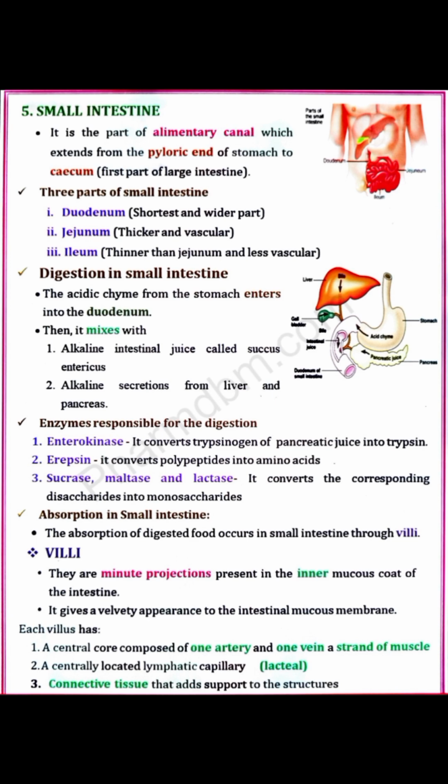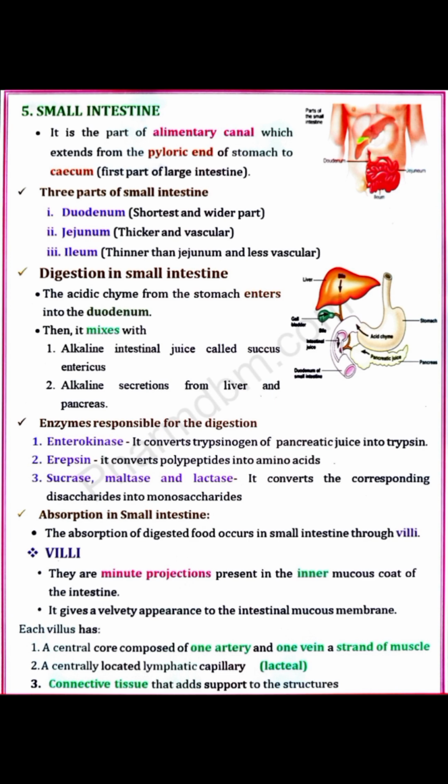Enzymes responsible for the digestion: enterokinase, erepsin, sucrase, maltase and lactase. Enterokinase converts trypsinogen of pancreatic juice into trypsin. Erepsin converts polypeptides into amino acids. Sucrase, maltase and lactase convert the corresponding disaccharides into monosaccharides.